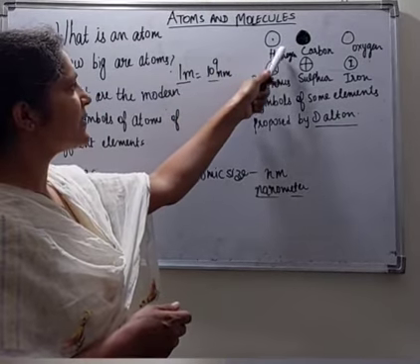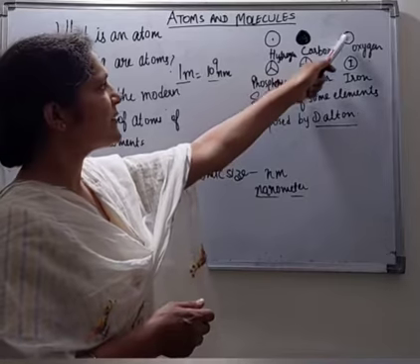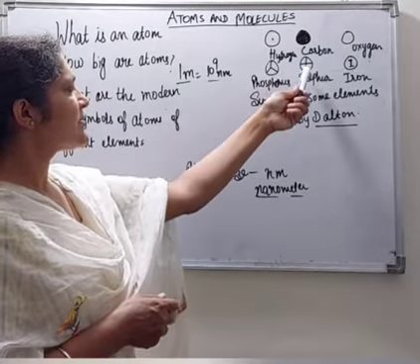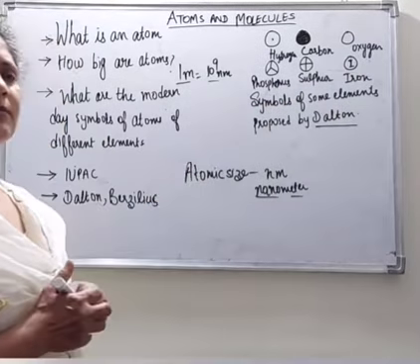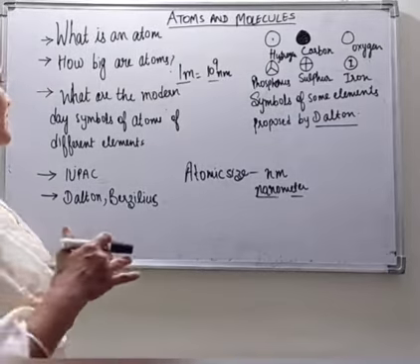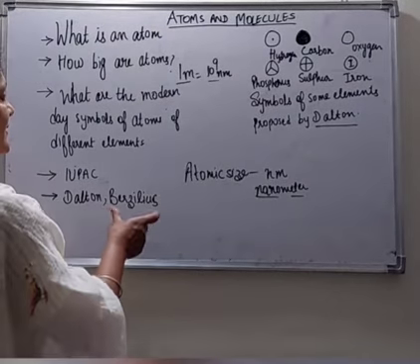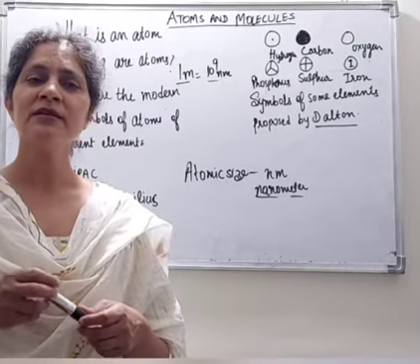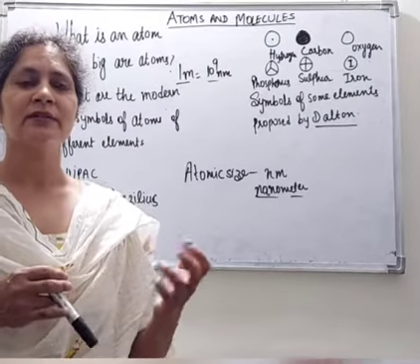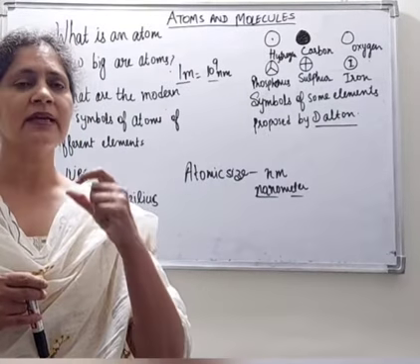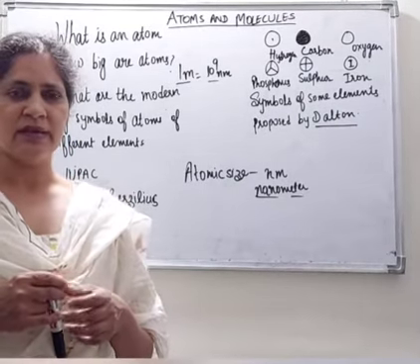This is hydrogen, this is the symbol of carbon, this is the symbol of oxygen, this is the symbol of phosphorus, sulfur, and then the symbol of iron. Dalton was the first to give these symbols. Then Berzelius was the second one. He said that the symbols should be the first letter of the elements. They must contain the first or second letter of the elements.